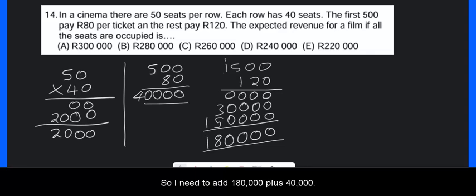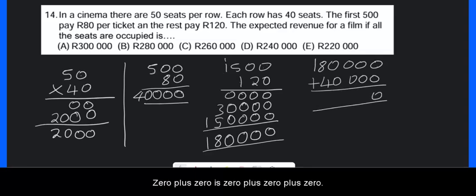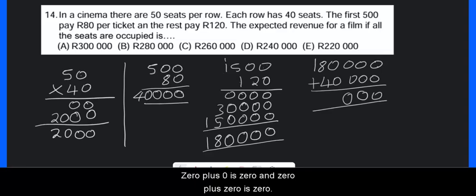So I need to add 180,000 plus 40,000. 0 plus 0 is 0. 0 plus 0 is 0. 0 plus 0 is 0.